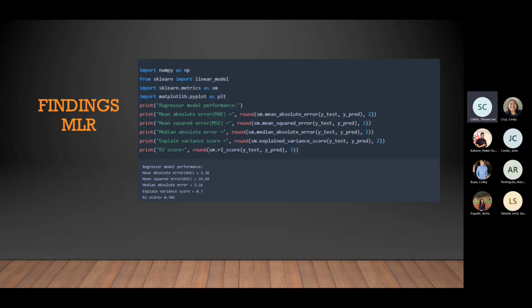So after we generated the predictive model with the training set, we then tested the predictive model generated from the training set using the rest of the data, which is the testing set. From that, after testing, we've generated performance values, and the mean absolute error is 3.36.